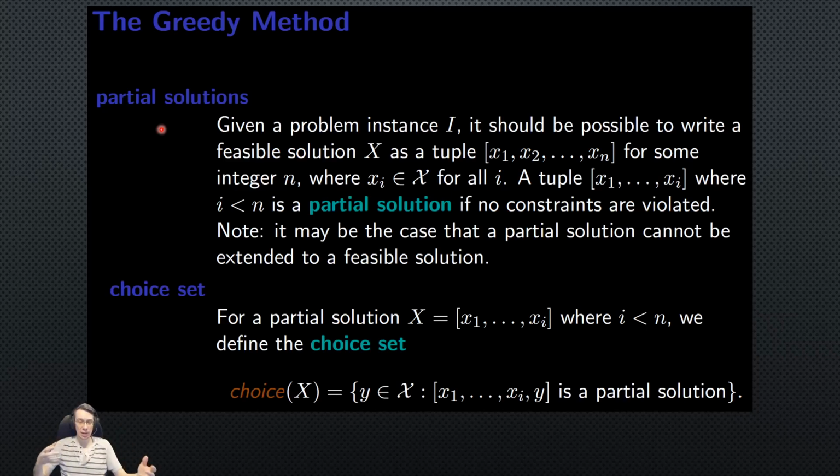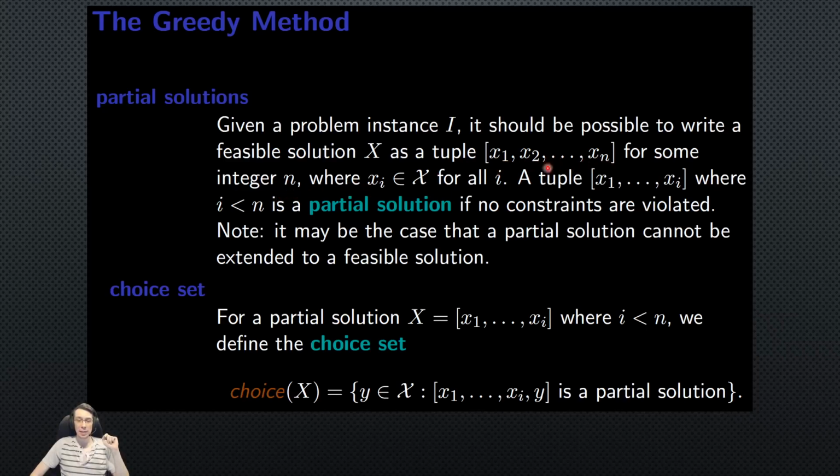So there are a couple of concepts that are going to be helpful in describing how greedy algorithms work. So let me define for you partial solutions and a choice set. So for partial solutions, given a problem instance I, it should be possible to write a feasible solution as a tuple. So the feasible solution, capital X, is going to be this tuple, little x1, little x2, all the way up to little xn for some integer n.